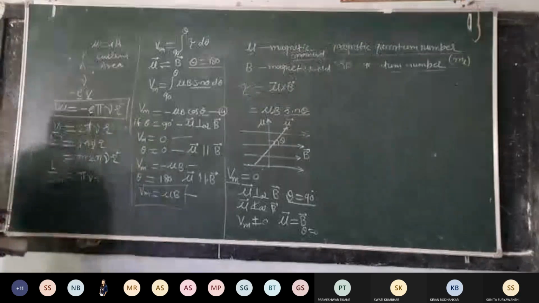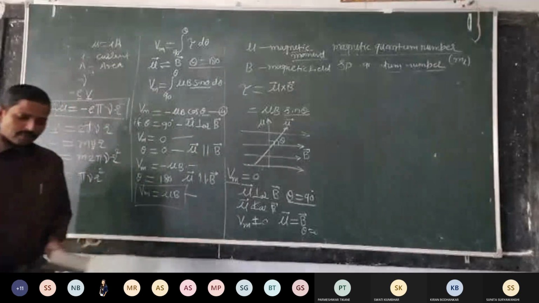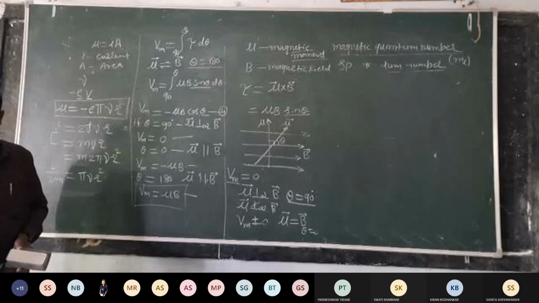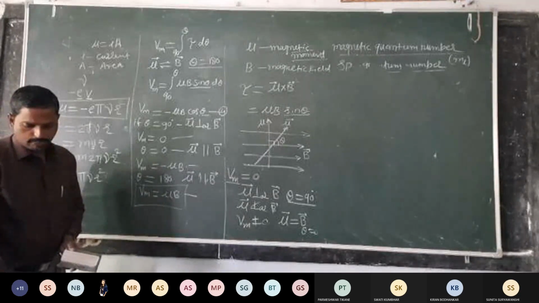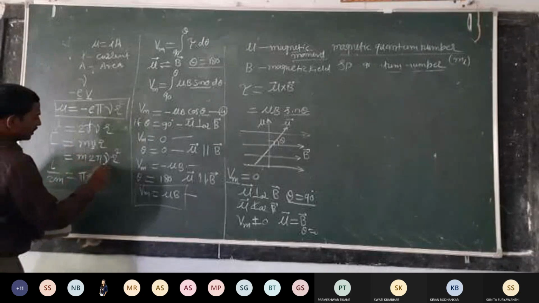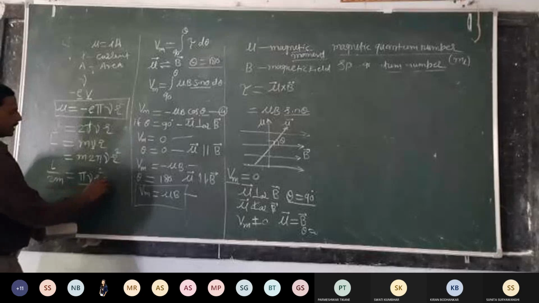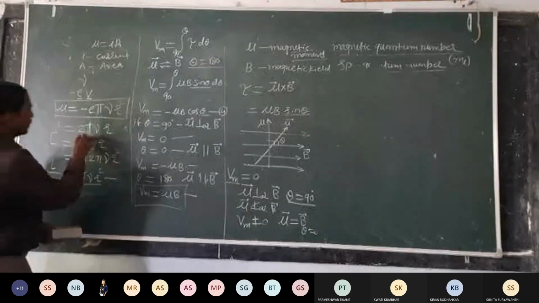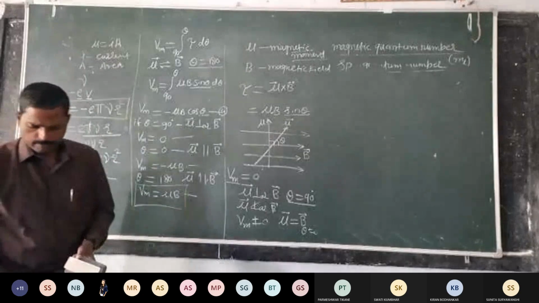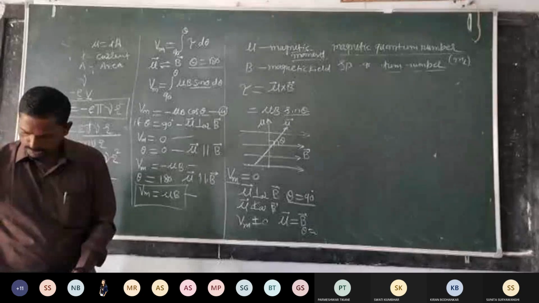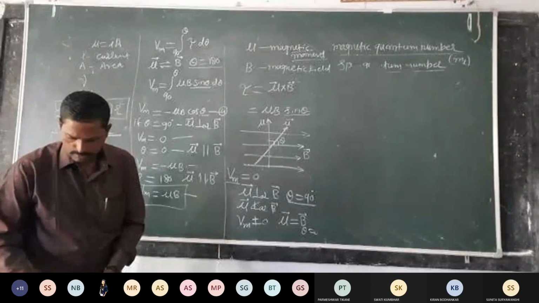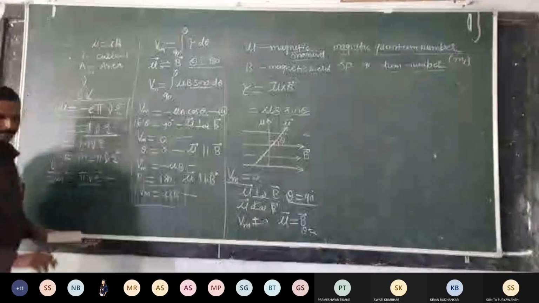Then, on putting this value of L upon 2m, L upon 2m is equal to pi nu r square, into the equation for mu.